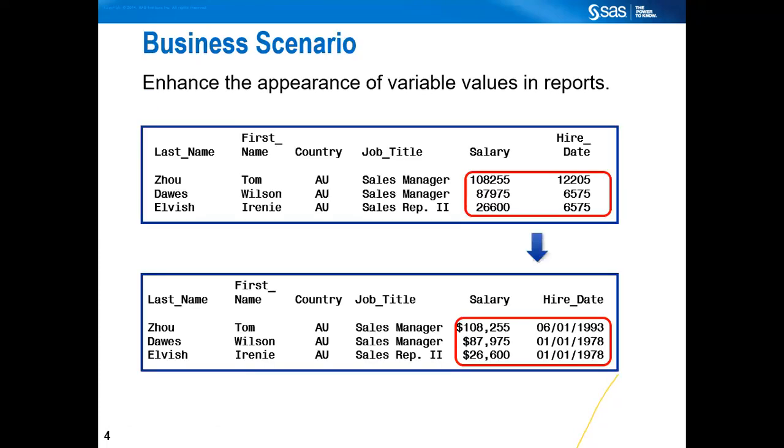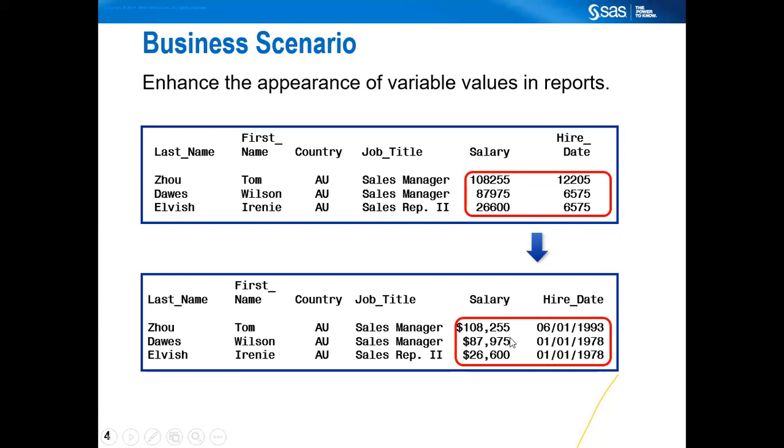We had already seen earlier that when we submit a report, we find some data values which we need to interpret. This is the original data, where the date is in the SAS date form, that is, in the form of number of days, and salaries are not enhanced to show the currency.